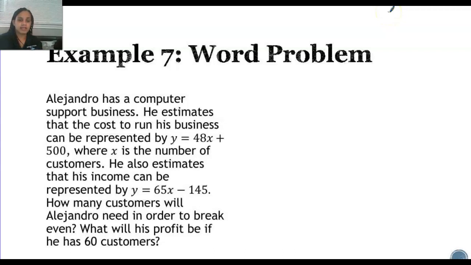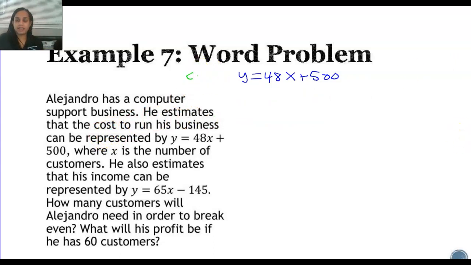This first one says Alejandro has a computer support business. He estimates that the cost to run his business can be represented by this equation. Y equals 48x plus 500. And whenever you have word problems, it's a good idea to try to figure out what those equations represent. This one is representing the cost to run that business.